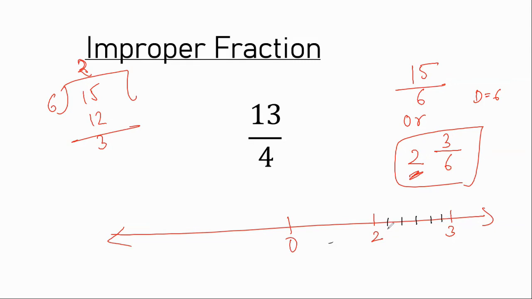So 1 over 6, 2 over 6, and 3 over 6. So 3 over 6 we have to do. This is the number that lies on the number line, which is 15 over 6.